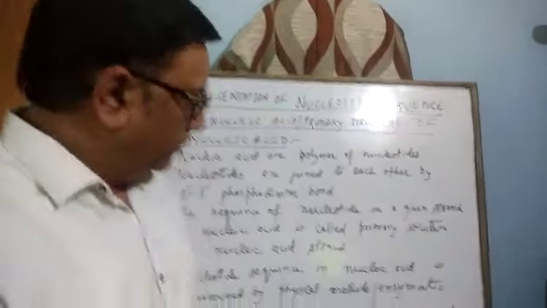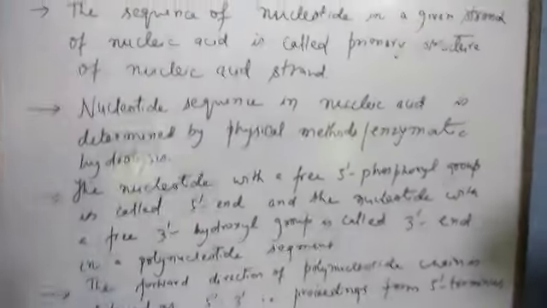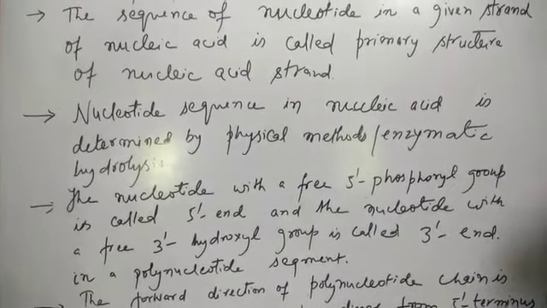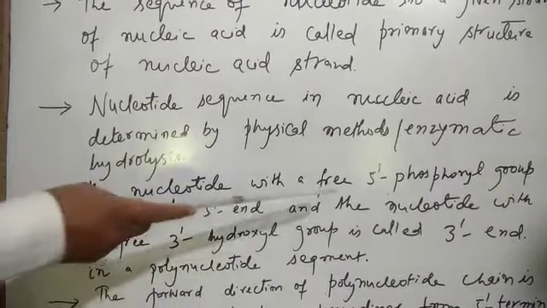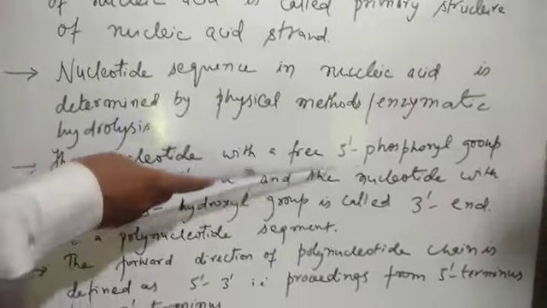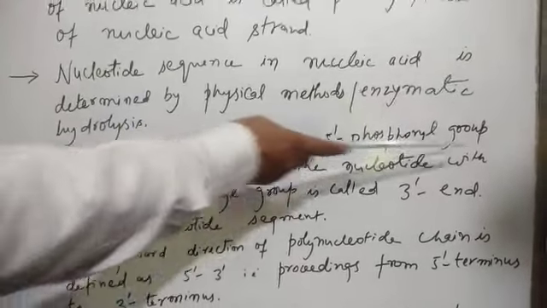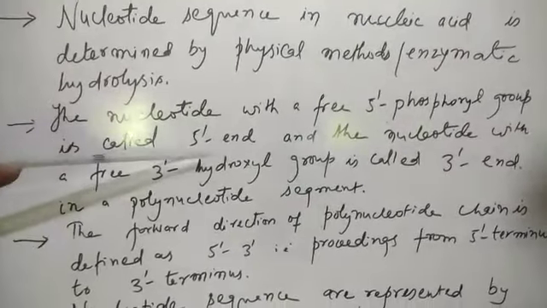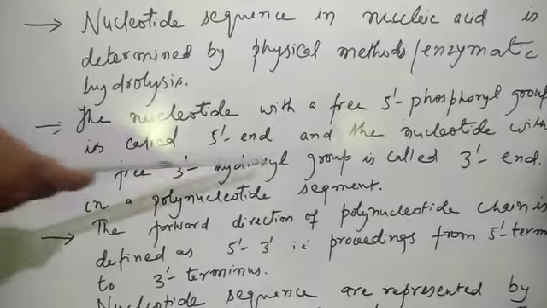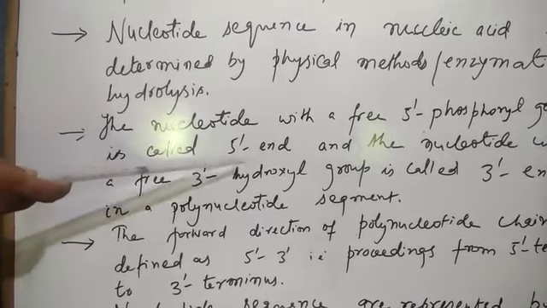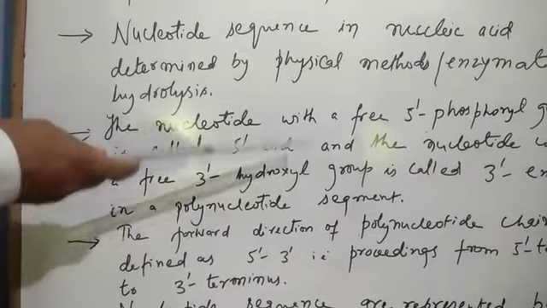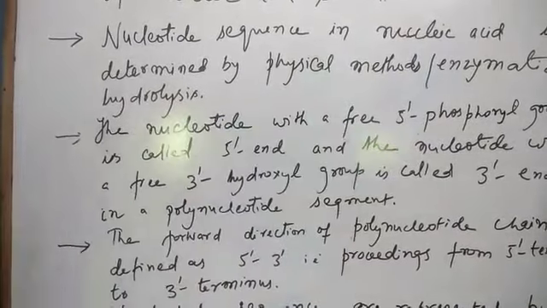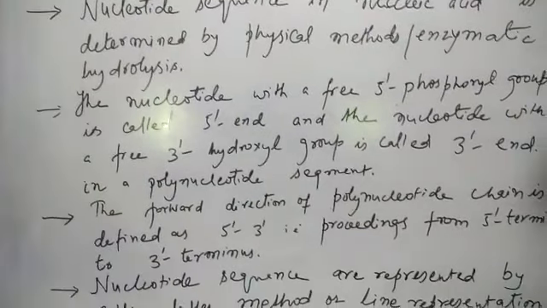So again, in order to characterize the strand, what did we say? We say that the nucleotide with a free 5' phosphoryl group is called the 5' end. That is, you decided one end as the 5' end. What is the 5' end? At the 5' end you have a free 5' phosphoryl group. And what will be the next end?